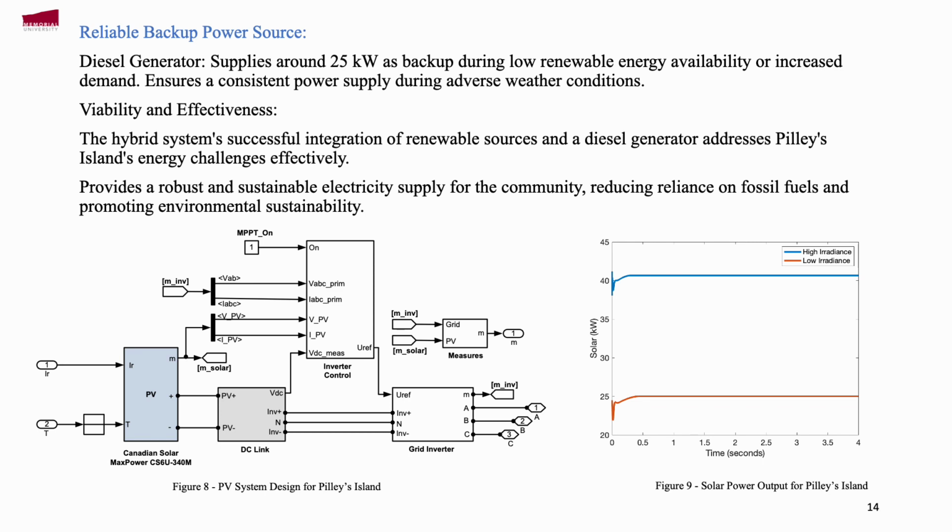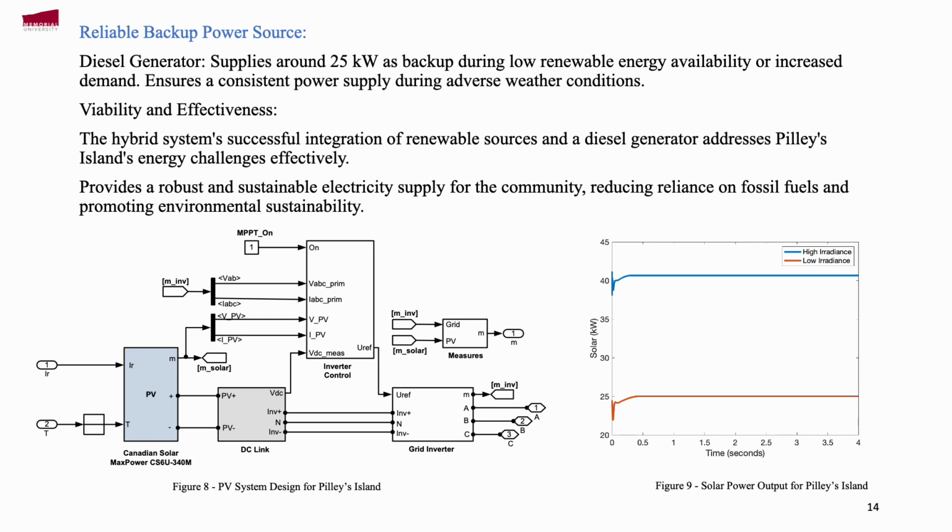The main grid connection serves as the primary source with a capacity of 154 megawatts and a voltage rating of 4.5 kilowatts. A step-down transformer is included in the model to lower the grid voltage to 400 volts.